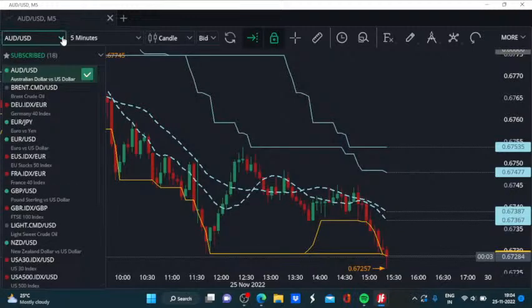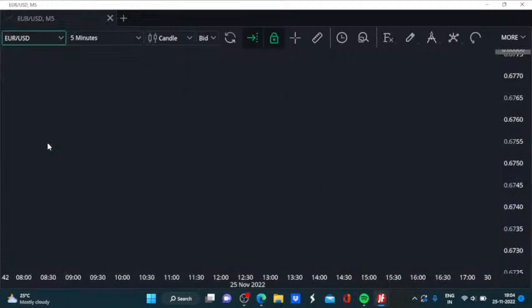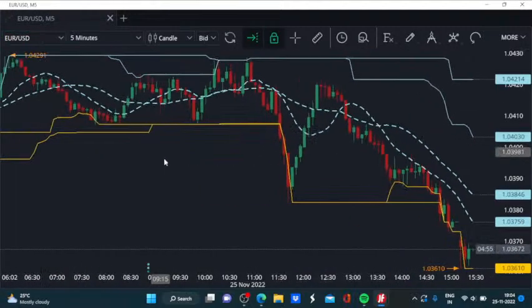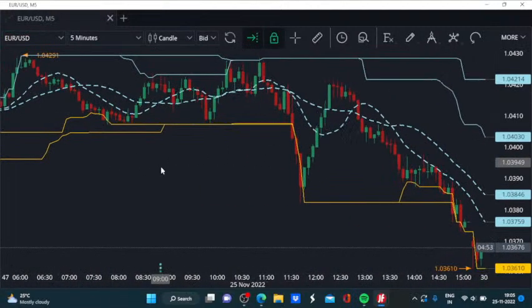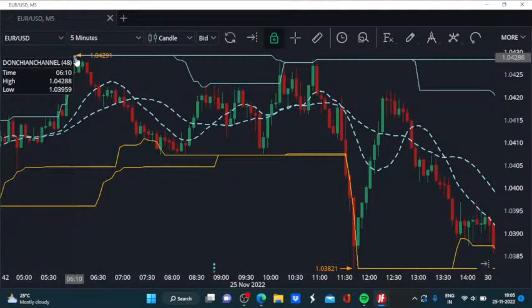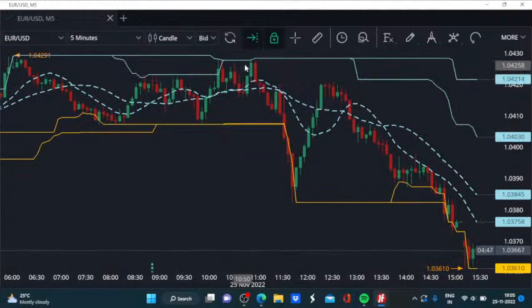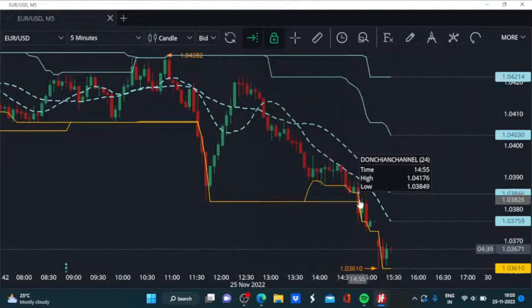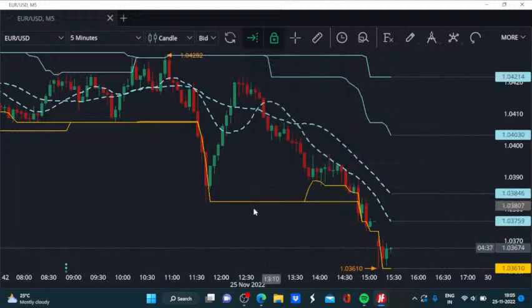So let's compare it to the Euro USD and see which one is leading and which one is lagging. For the Euro USD, the decline started quite earlier. This high was made at 16 GMT. After that, this substantial decline happened, and even this time around, it seems to be leading in decline, with this fresh low being made quite early compared to the AUD USD.